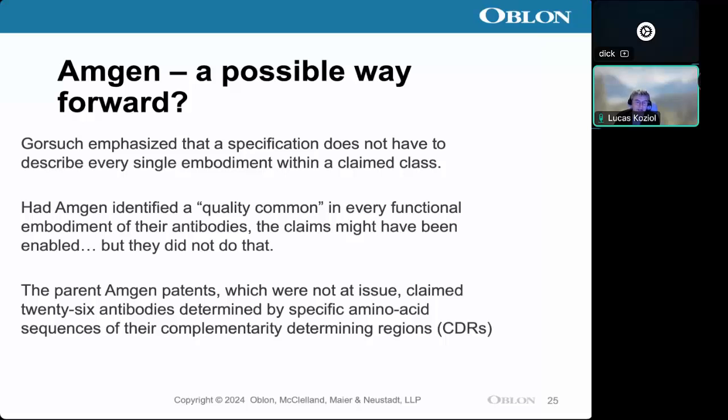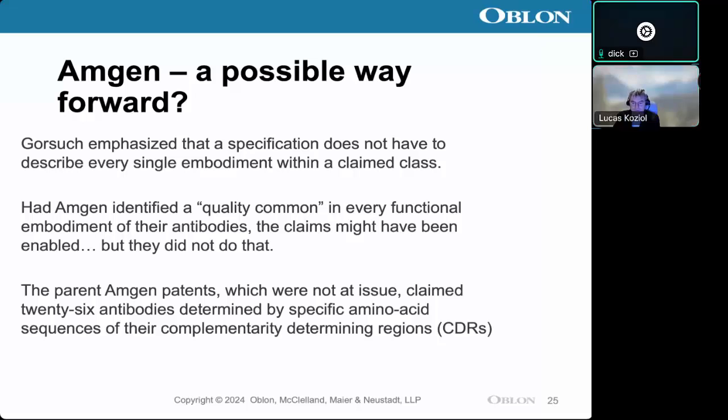So we can guess that somewhere between the purely functional language that Amgen used here and a full description of the CDRs by their amino acid sequences, there's a vast gray area that might have allowed Amgen to get something more in terms of the IP protection than they got with these functional claims, which was nothing. Covering this gray area effectively, such as by using a variety of narrow and broad claims, is part of the difficulty and the art of good claim construction in patent law.